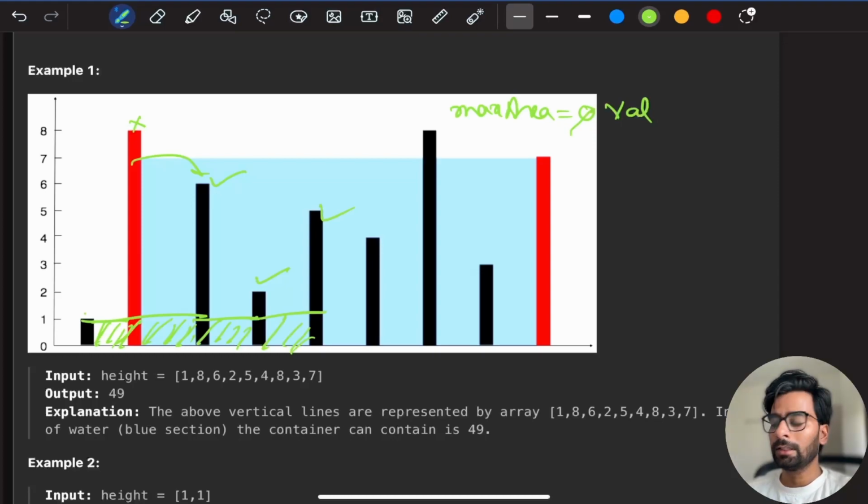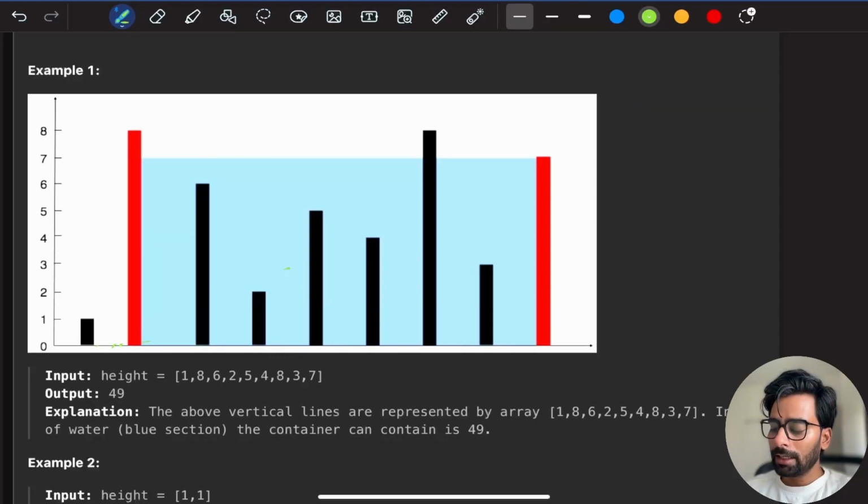So I'll keep on doing this till we reach the end. Whenever I'm getting a better area than the previous one, I mean more area than the previous one, I'll be updating my max area. So now I have finished taking the pair of this vertical line with every other vertical line. Now I'll do the same for the second vertical line in the second iteration. In the third iteration, I will make pairs of the third vertical line with the rest of the vertical lines.